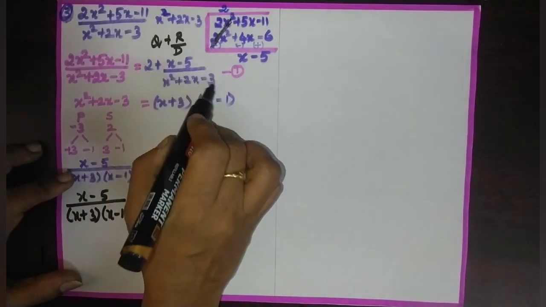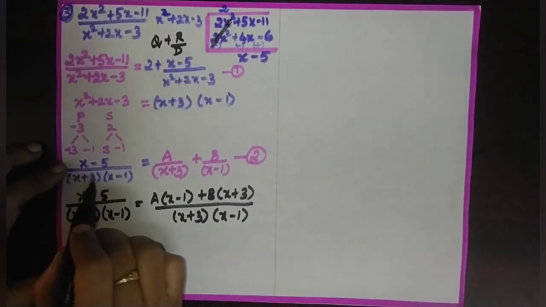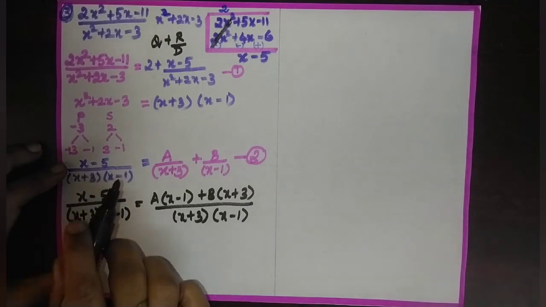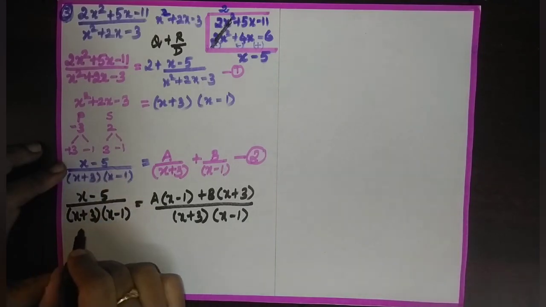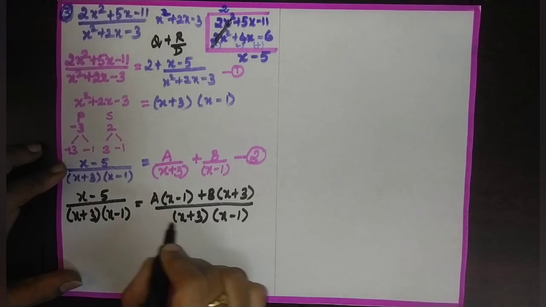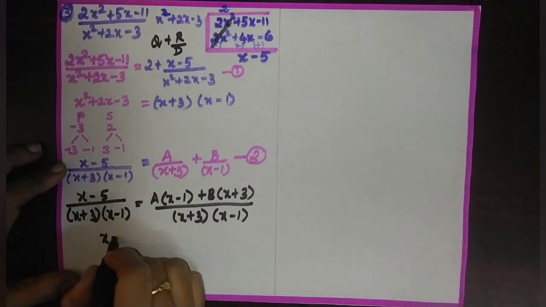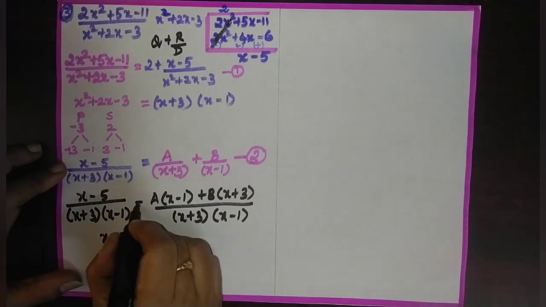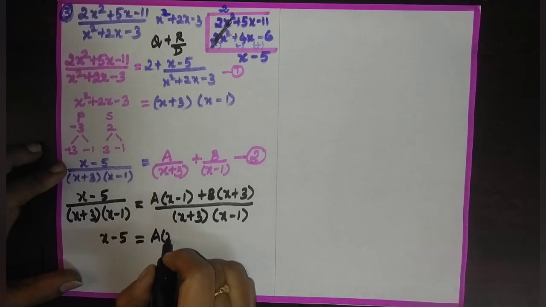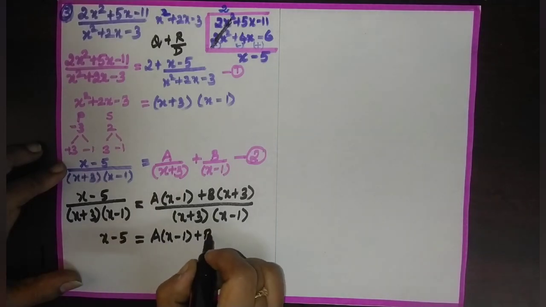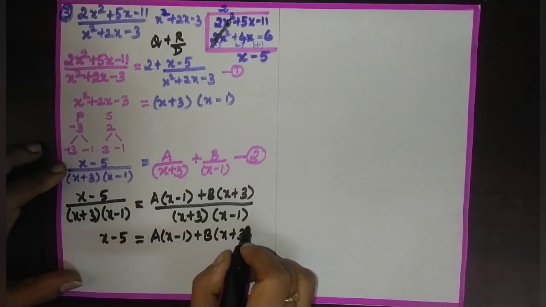Now we are considering only this, that is x minus 5 by x plus 3 into x minus 1. So next, since the denominator is same, we need to equate the numerator. Then we get x minus 5 is equal to a into x minus 1 plus b into x plus 3.